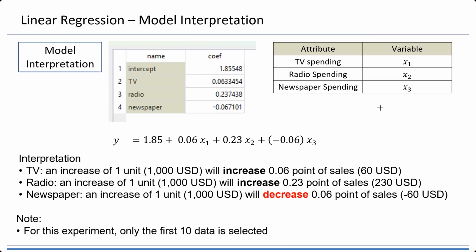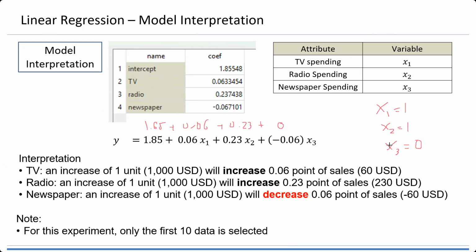Now, let's say I have x1 equals 1, x2 equals 1, and x3 equals 0. Then what happens? This will be 1.85 plus 0.06 plus 0.23 plus 0.